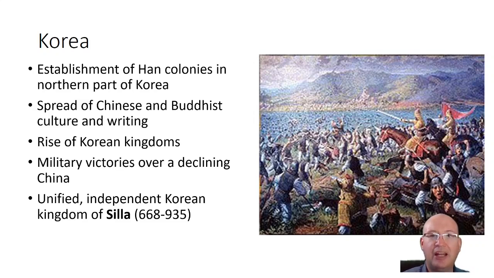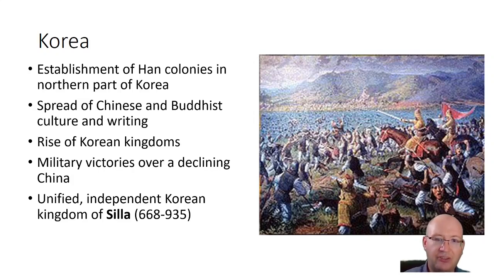So Koreans are able to creatively adopt and borrow from China, but that doesn't mean they become Chinese. They will use what they borrow from China to develop their own states, and when China gets weak, they will actually expand themselves. So they like Chinese cultural influence, but want to maintain Korean political independence.